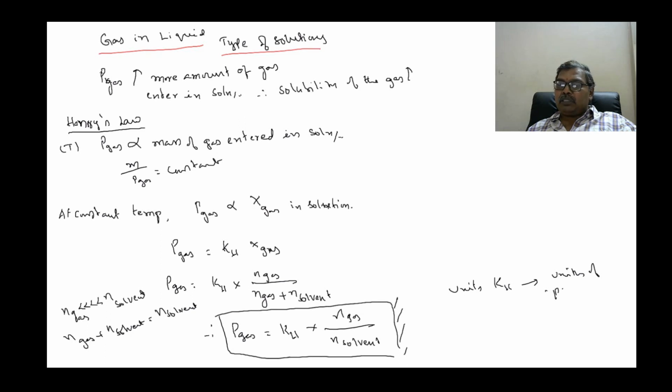Try to solve those questions. After that, I finished 2 topics in plus 2, that is surface chemistry, solutions and electrochemistry. Next class I start with surface chemistry. This is also not important, but you will get one question from surface chemistry.